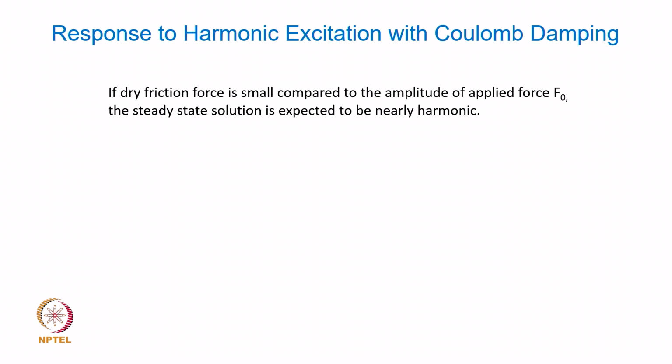So, m x double dot plus c x dot plus k x equal to f of t is what we have all the time presumed. But in reality Coulomb damping is in fact more commonly expected to be present in a structure. So, we need to look at how you can evaluate the response if there is Coulomb damping.